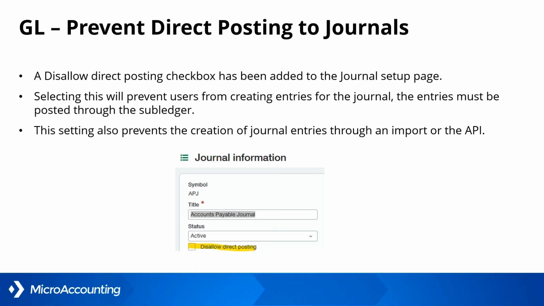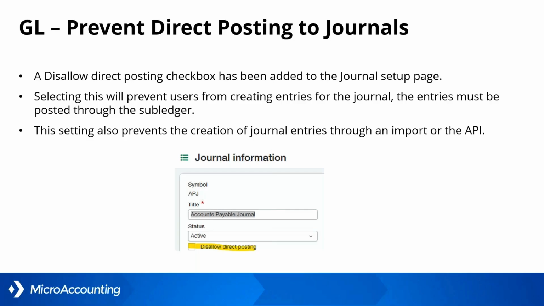This also prevents journals from being created using this code through the API, so it will prevent API-related imports or integrations as well. They must come from the subledger modules when this is set up.